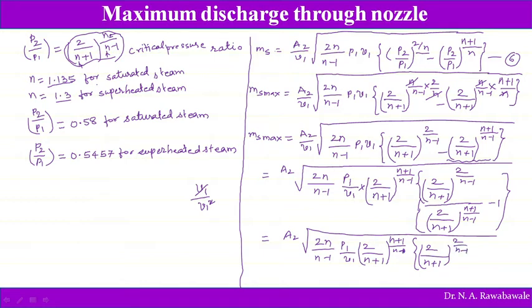So if this term is taken into the numerator, it will be in multiplication, but this power (n+1)/(n-1) will become negative. So bases will be the same, indices can be added: minus (n+1)/(n-1) and minus 1, which is here. So this is taken as it is.